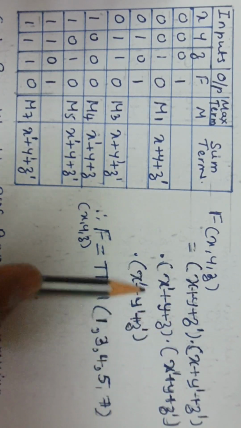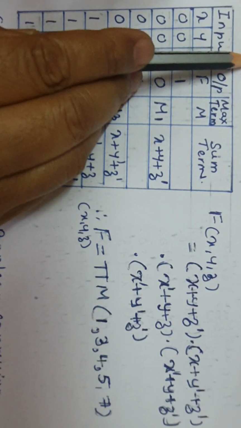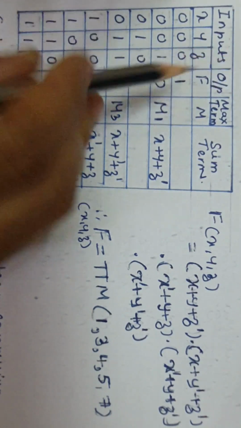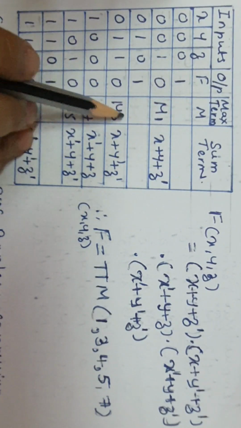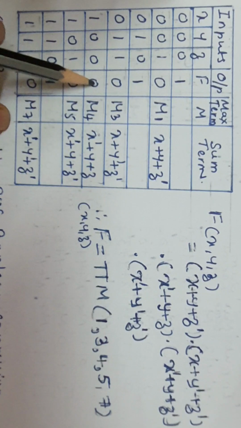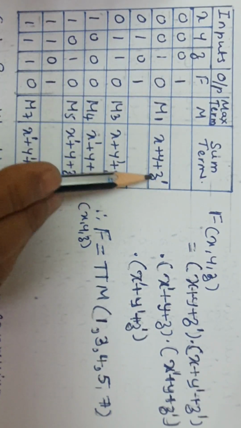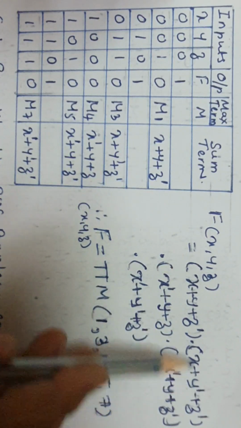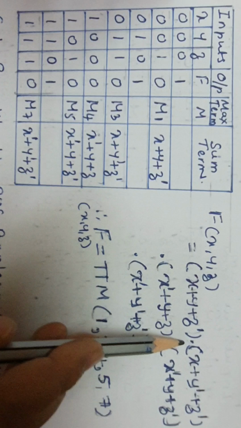Sums means max terms. Hence to express the given Boolean function in terms of product of sums, we should consider max terms only for the zeros condition of the output, and those sum terms or max terms are written with AND operation, means it is a product.